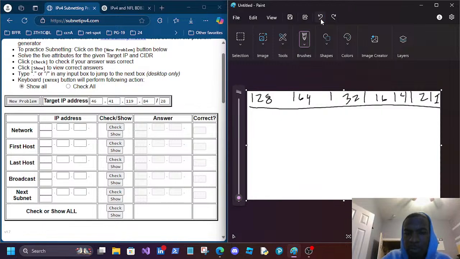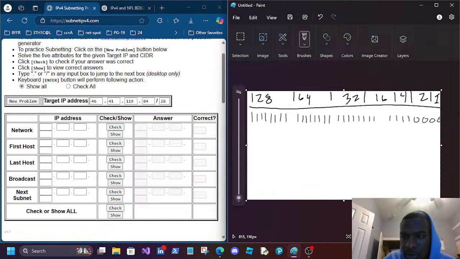So 1, 2, 3, up through 32. Alright, so that's my slash 28 notation.